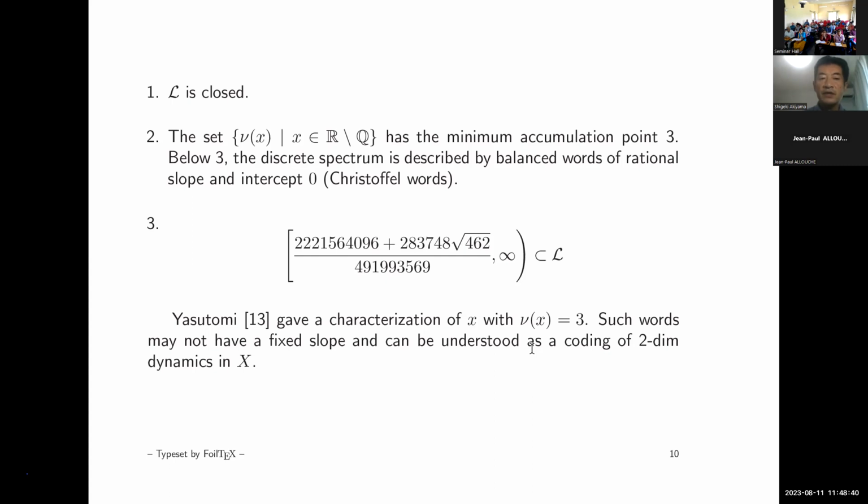I cannot give the proof, but there are proofs showing that it is closed, and this is a rather important theorem by Cusick. The second result, which I mentioned yesterday, is that this set has a minimum accumulation point 3. Below 3, between 0 and 3, the spectrum is discrete, and this discrete part is completely described by balanced words.